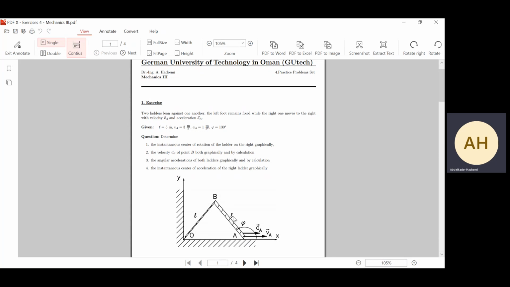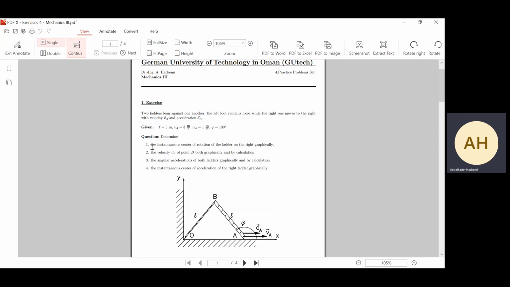Given is the distance L here, 5 meter, VA 3 meter per second, and the acceleration 1 meter per second square, and you have the angle phi here, which is 130.